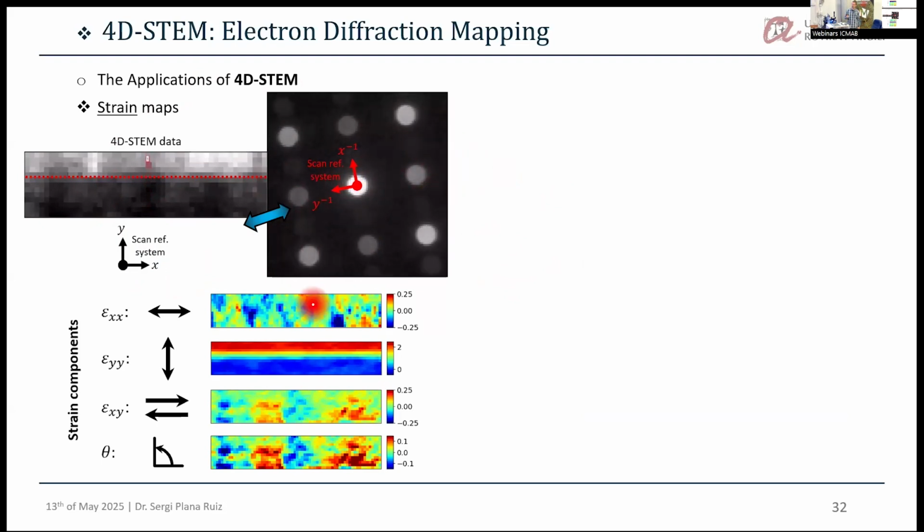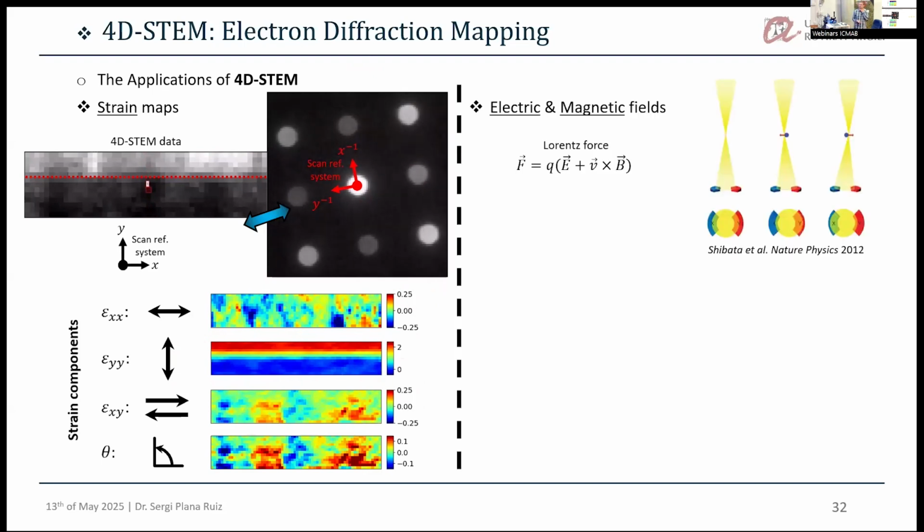That's why we have this high contrast or gradient here. While for the other directions, or in this rotation, we just have noise, okay? But in this way, we can calculate strain maps out of these kinds of materials.